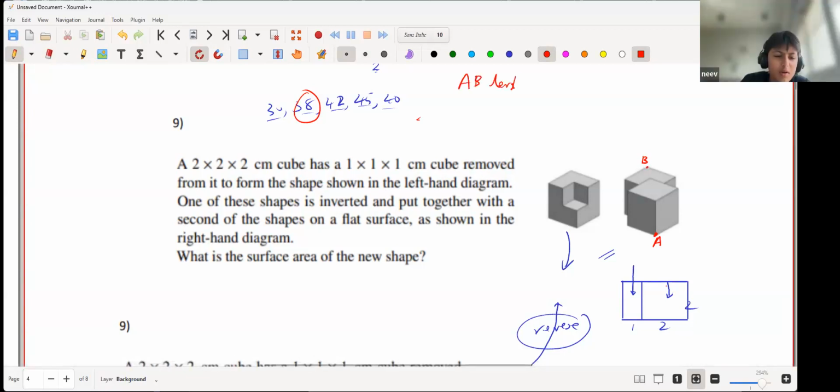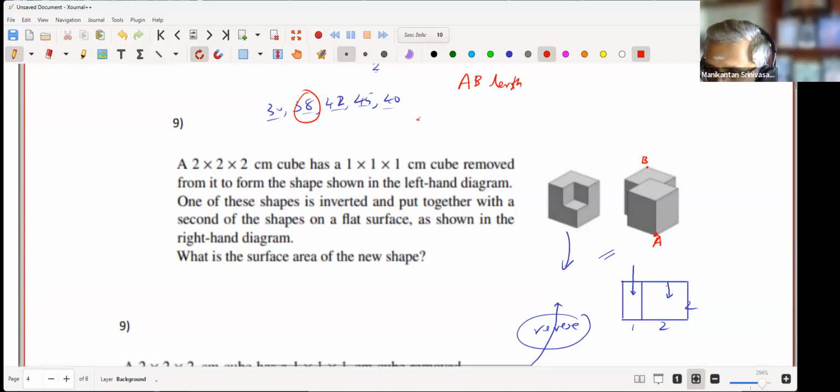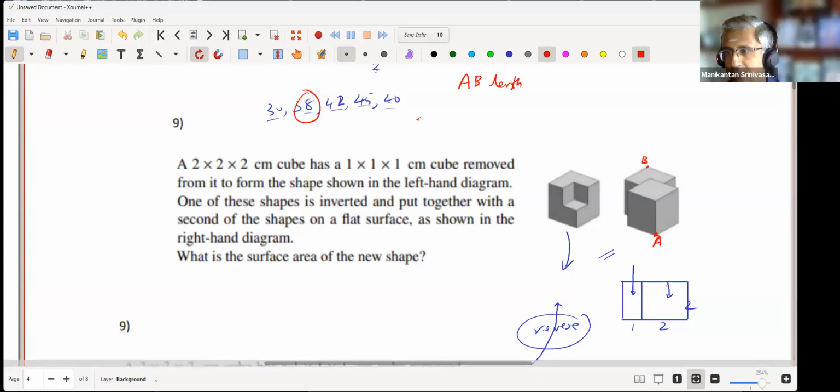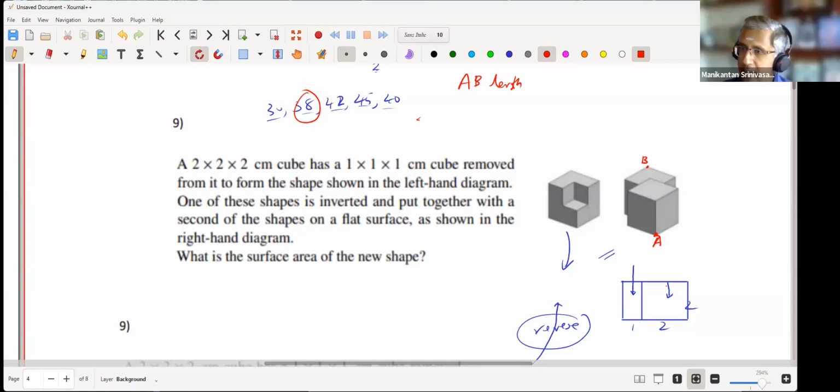I couldn't hear you properly. Can you repeat the question? Find the length of AB, where A is this bottom corner, B is this top corner. The straight distance AB as you pierce through the solid object, what is the length of AB? So the slanting line, the 3D diagonal that goes inside the object.